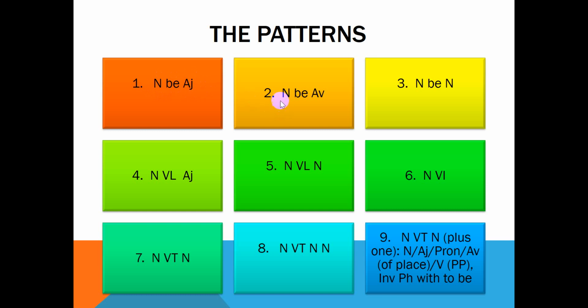The second pattern is noun be adverb. The noun can be a noun phrase, the verb is be, and then an adverbial phrase or adverb. The third pattern is noun be noun. The first noun phrase and the last noun are both noun phrases, and we still use the verb be. So patterns 1, 2, 3 use verb be.